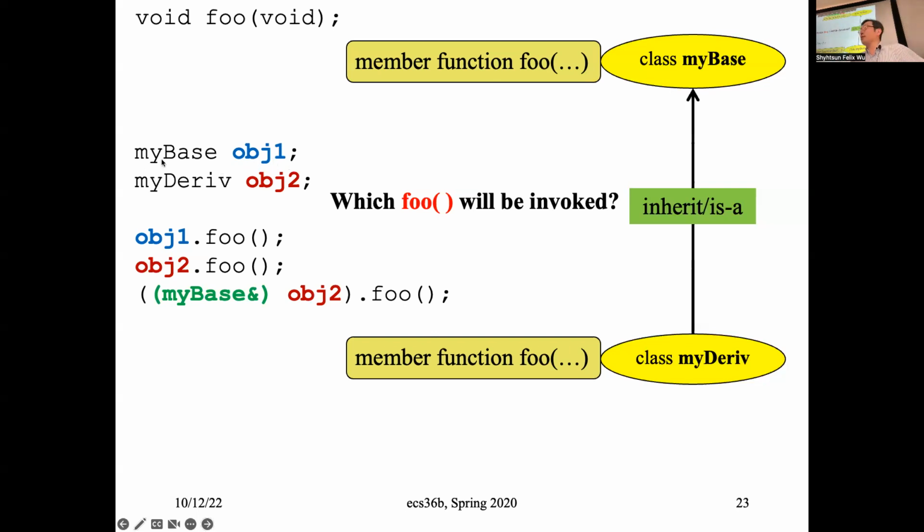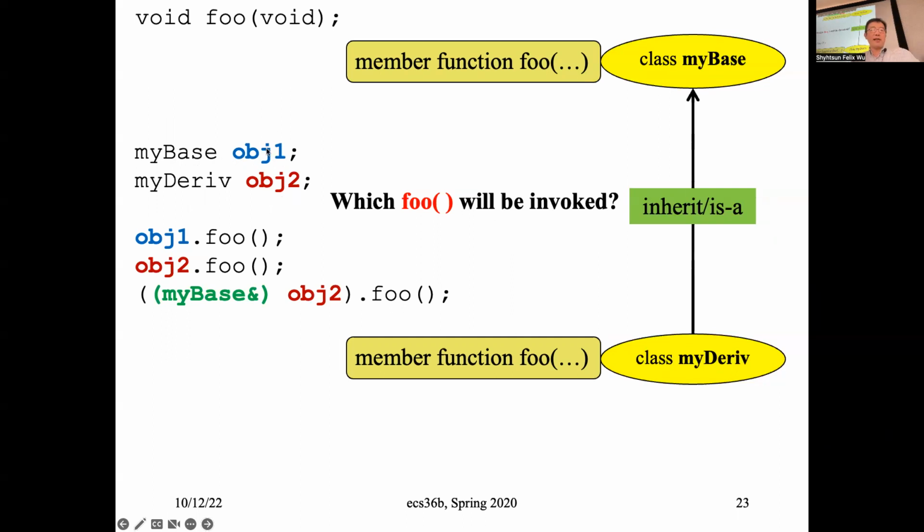I'm assuming I'm using the default constructor. There's no argument. So the first line, my base obj1, is going to create an object that actually belongs to the base. And the second line, my derived, object2. So basically, object2 is created like this.